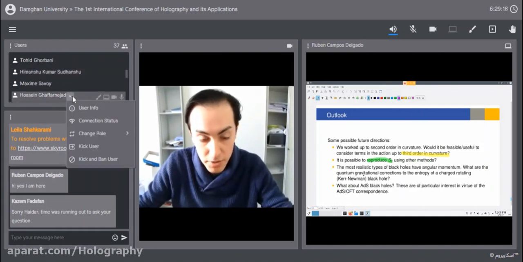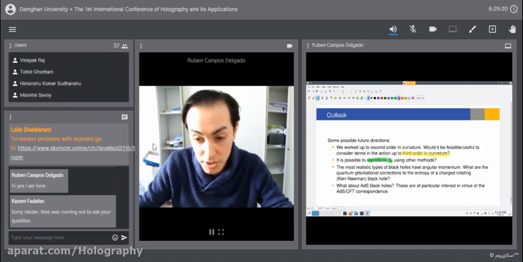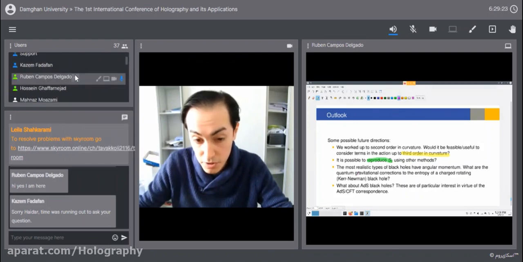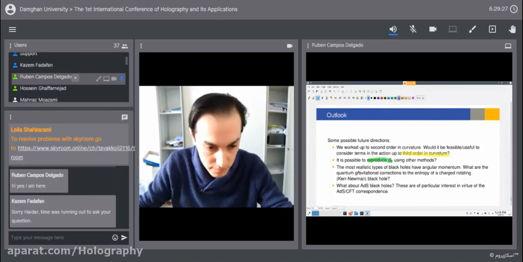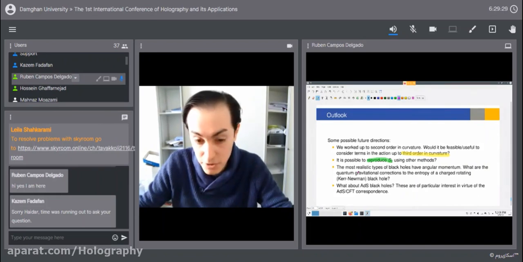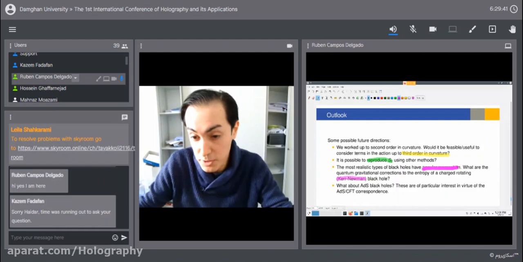Or again, one can try to generalize these calculations. In this research, we dealt with Reissner-Nordström black holes, but one can generalize this to rotating black holes, because they are the most general astrophysical black holes. So they are black holes which also have an angular momentum. So the idea is to generalize these calculations for this new black hole.